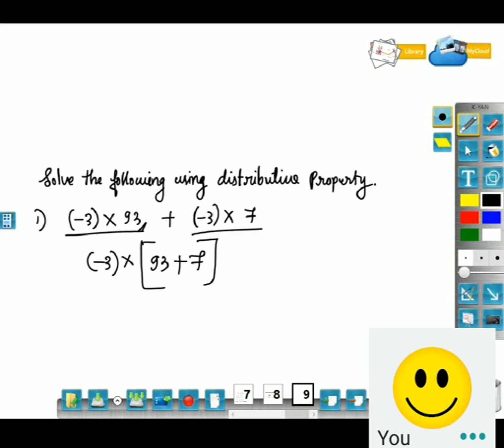Okay, so now minus 3 into 93 plus 7, which is 100. Now minus 3 into 100 will be minus 300. Okay, in the same way, let us take another problem.